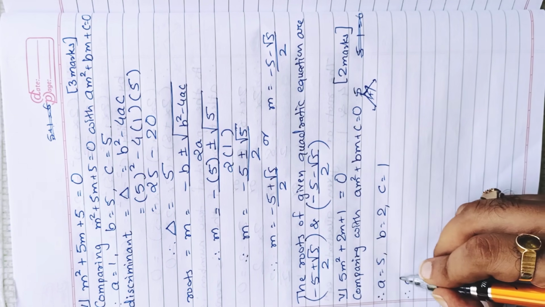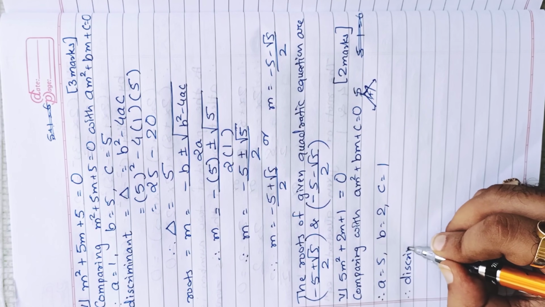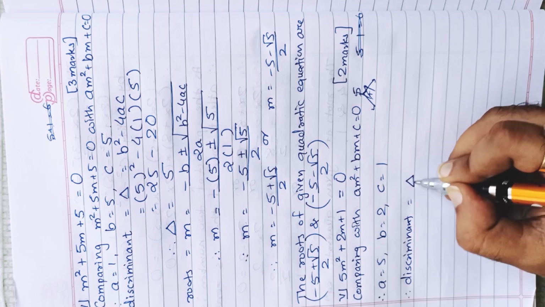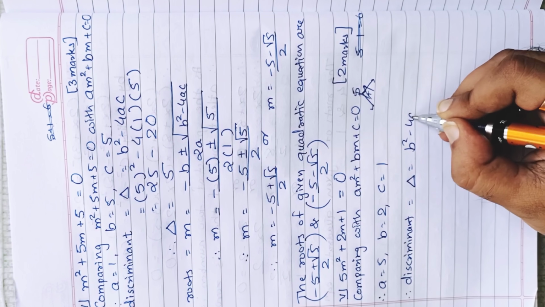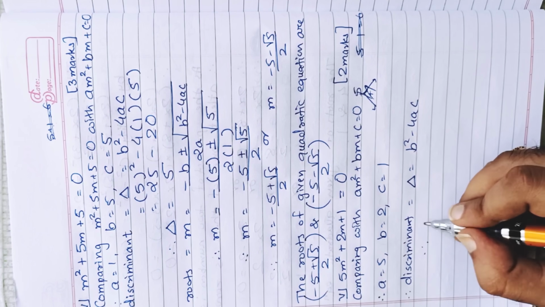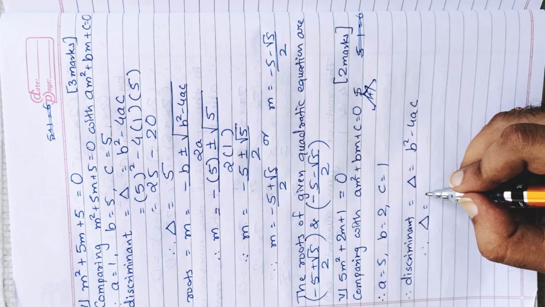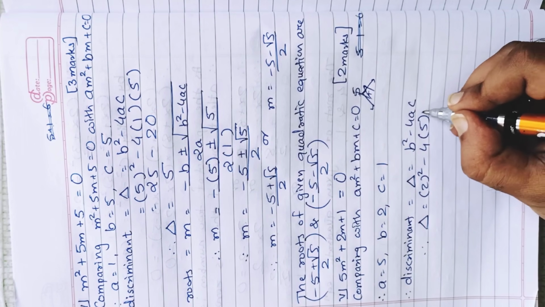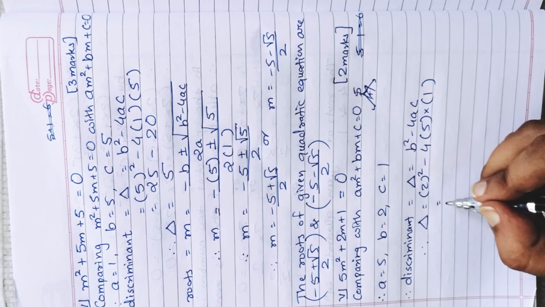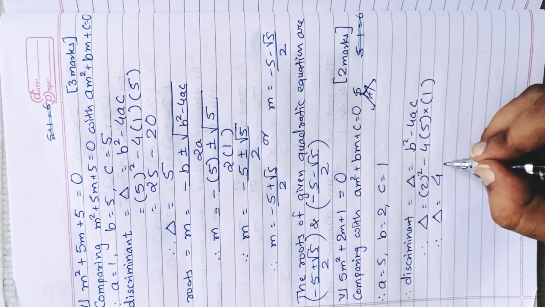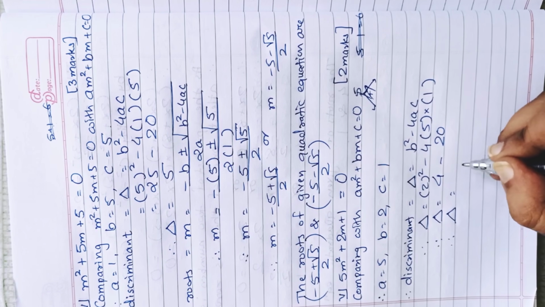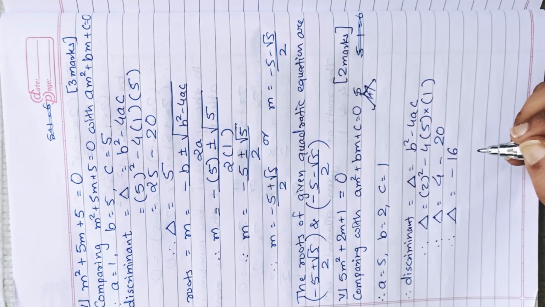Therefore discriminant, delta, equals b square minus 4ac. What is b? 2 square minus 4 into 5 into 1. So delta: 2 square is 4, 4 5s are 20, 1s are 20. Therefore delta equals minus 16.